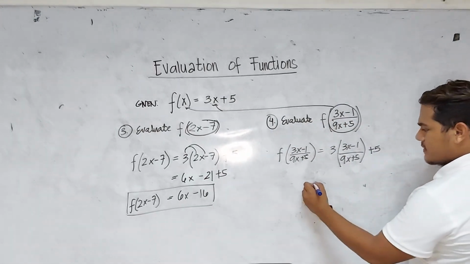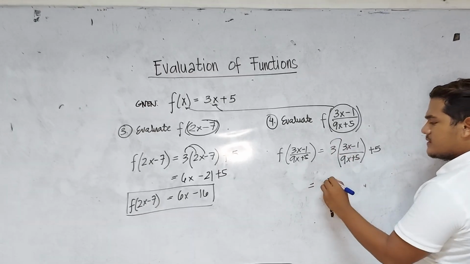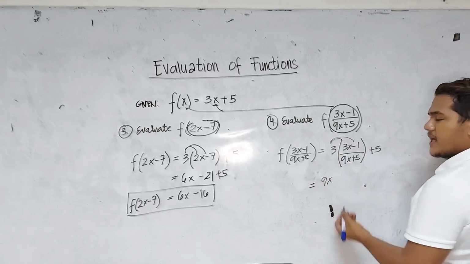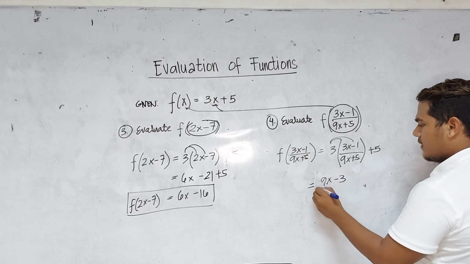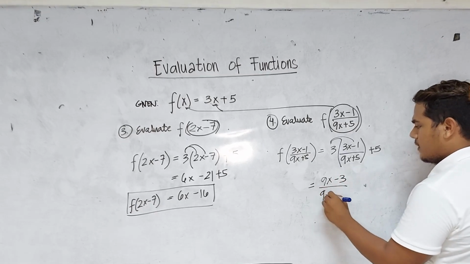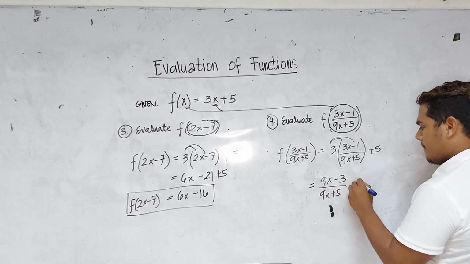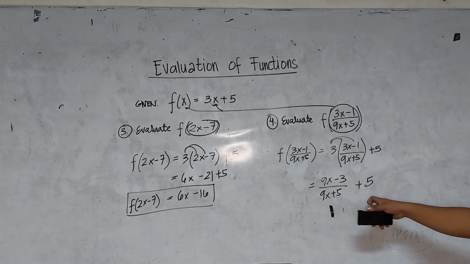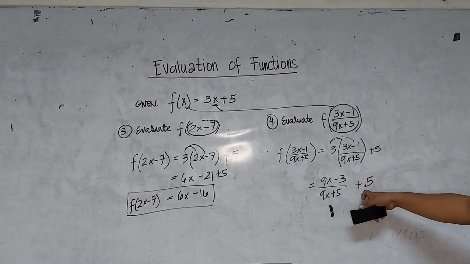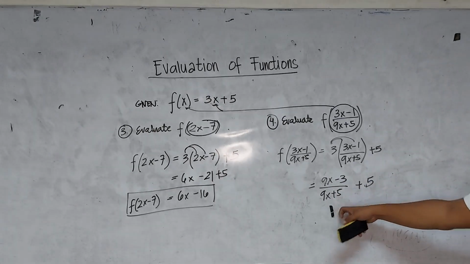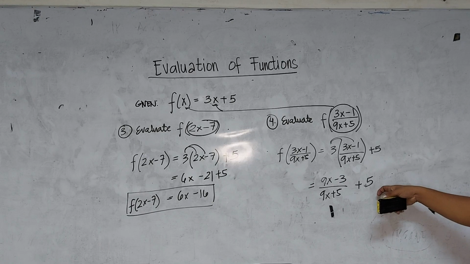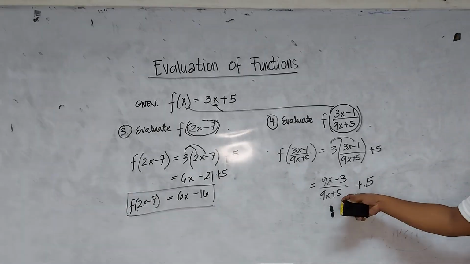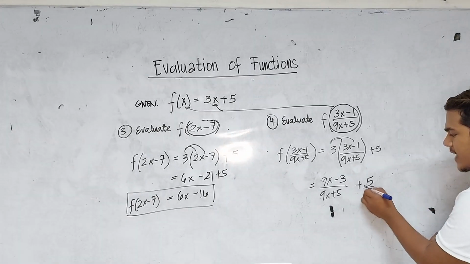What happens next? Distribute: 3 times 3x, 9x. 3 times negative 3, negative 3. Copy the denominator. Plus 5. What happens next? Find the least common denominator. What is the least common denominator between 9x minus 3 over 9x plus 5 and 5? The least common denominator is 9x plus 5 because 5 has an imaginary 1.